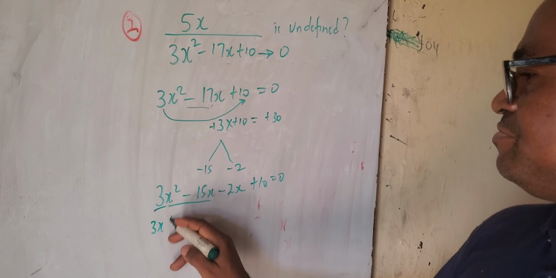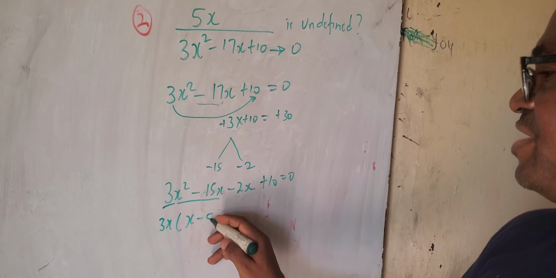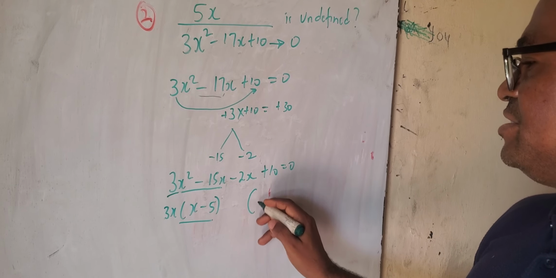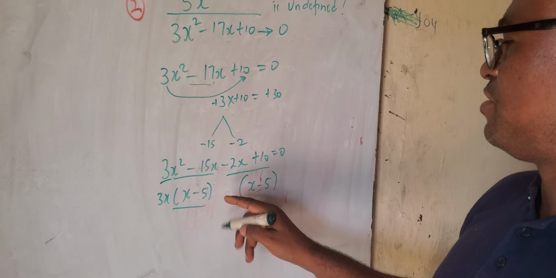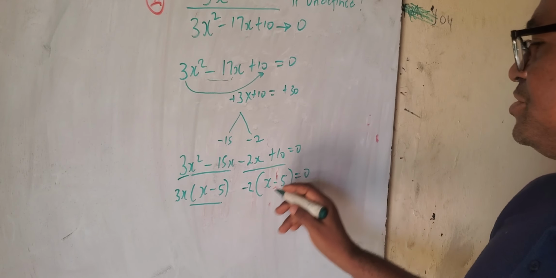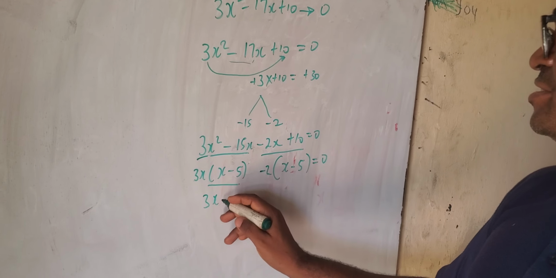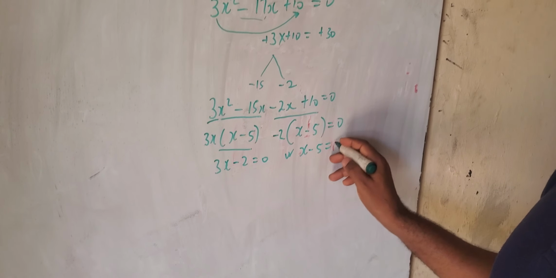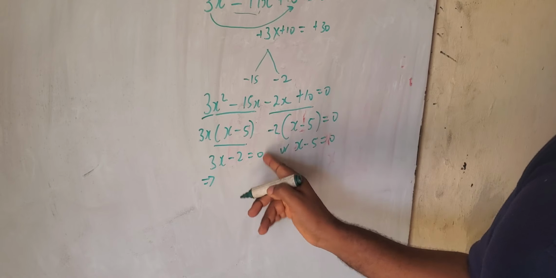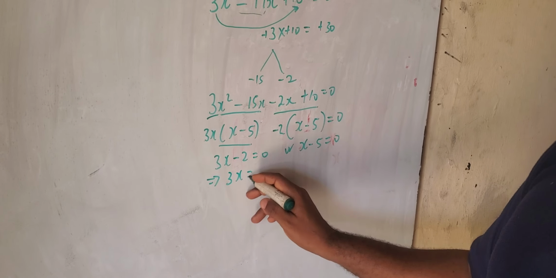So we have 3x brackets x minus 5. Whatever you have here, quickly add it to this place. So think of what you use to multiply this to give us this. That will give us a minus 2 is equal to 0. So we now have 3x minus 2 is equal to 0, or x minus 5 is equal to 0, which implies, carrying this minus 2 to that side, we have 3x is equal to 2.